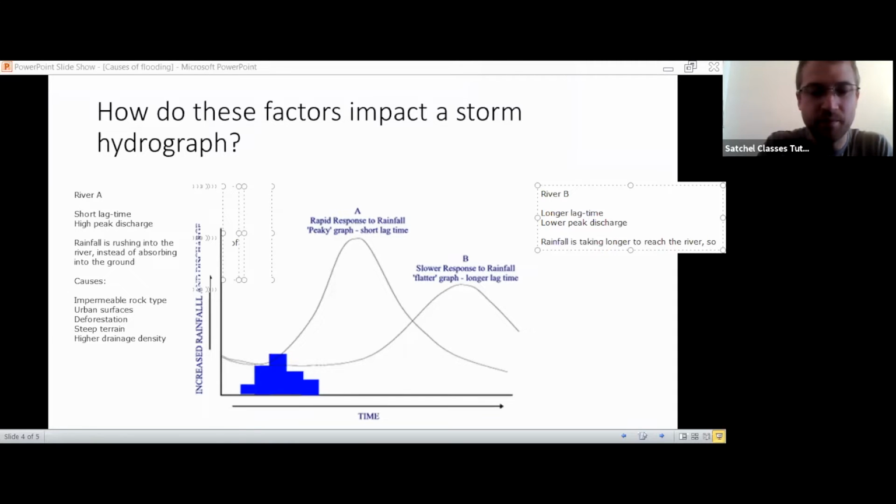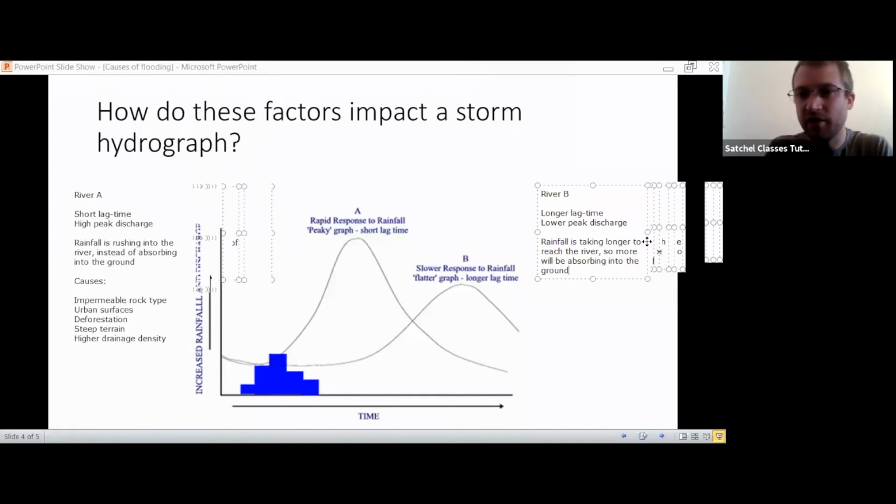So more will be absorbing to the ground. Okay, so we're basically looking at the opposite happening here. So the causes of this, the opposite of the factors that can lead to a flood event: you might find more permeable rock that allows water to soak into it.